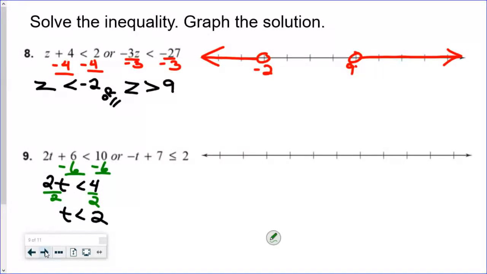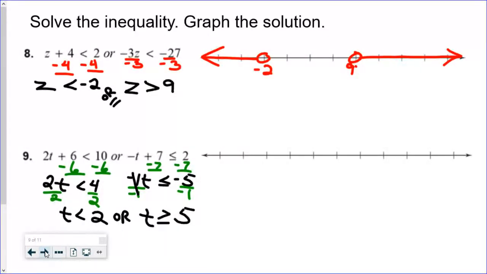And the next one, add 7, and I got -1t is less than or equal to -5. When I divide by a -1, be careful, I have to flip the sign, and it's going to become greater than or equal to +5. You've got to have that word or.